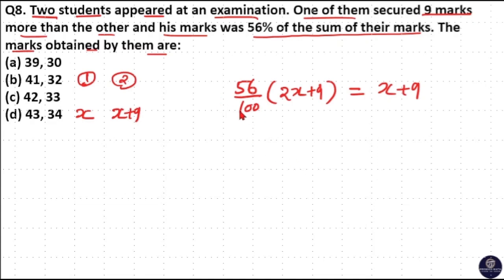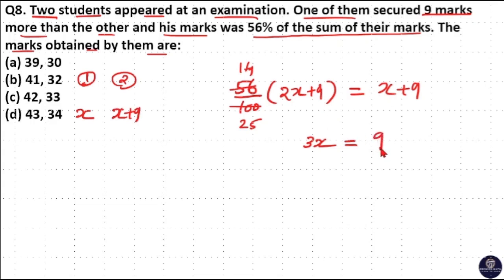Then if you cancel with 4, 4 25s are 100, 4 14s are 56. Now 14 into 2x is 28x and 25 into x is 25x. So 28x minus 25x is 3x, which is equal to 25 into 9 minus 14 into 9.